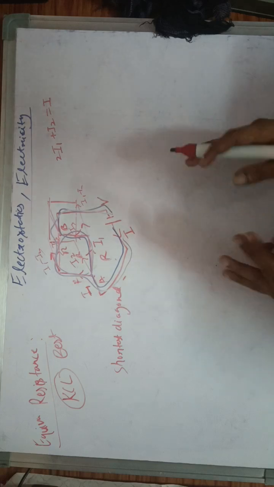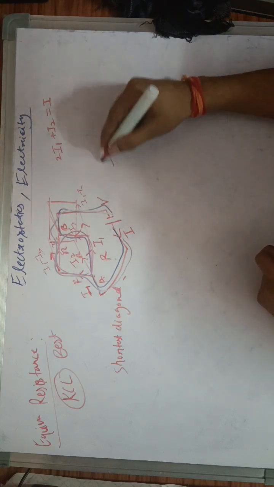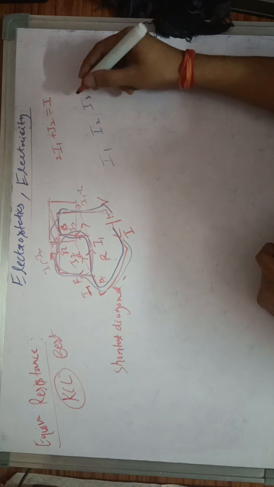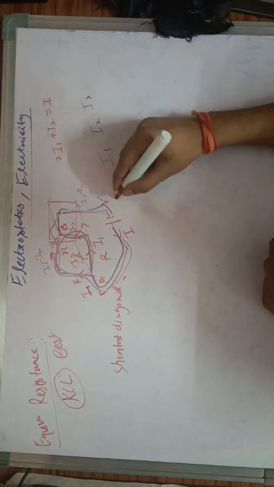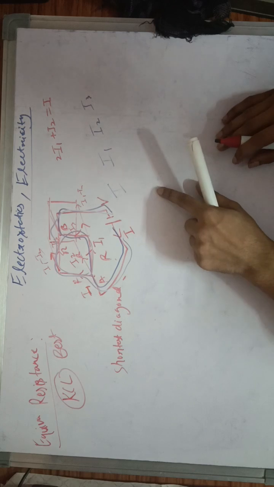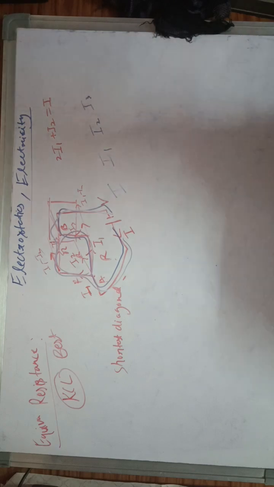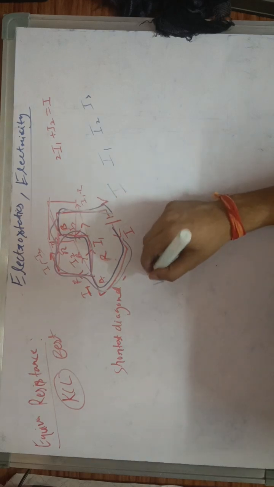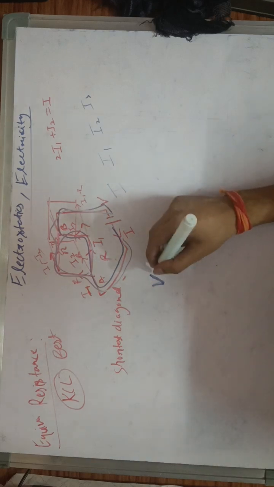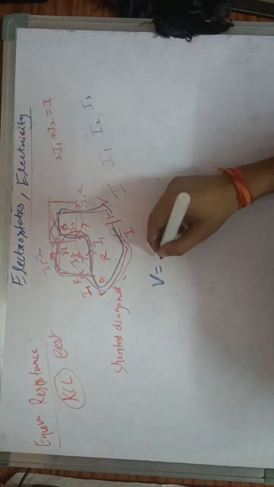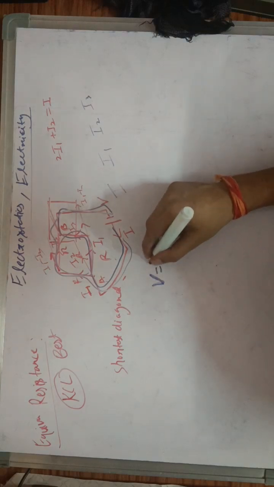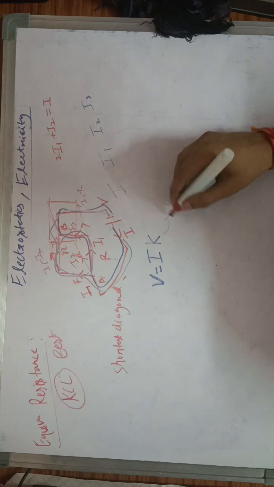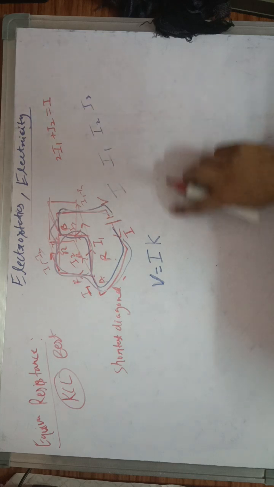By making these loops, I can get equations in the variables I1, I2, I3 and I. After I get equations in these variables, I will have to write the equation in the form of V equal to I into some constant value K, which would be given by the sum of some resistances.